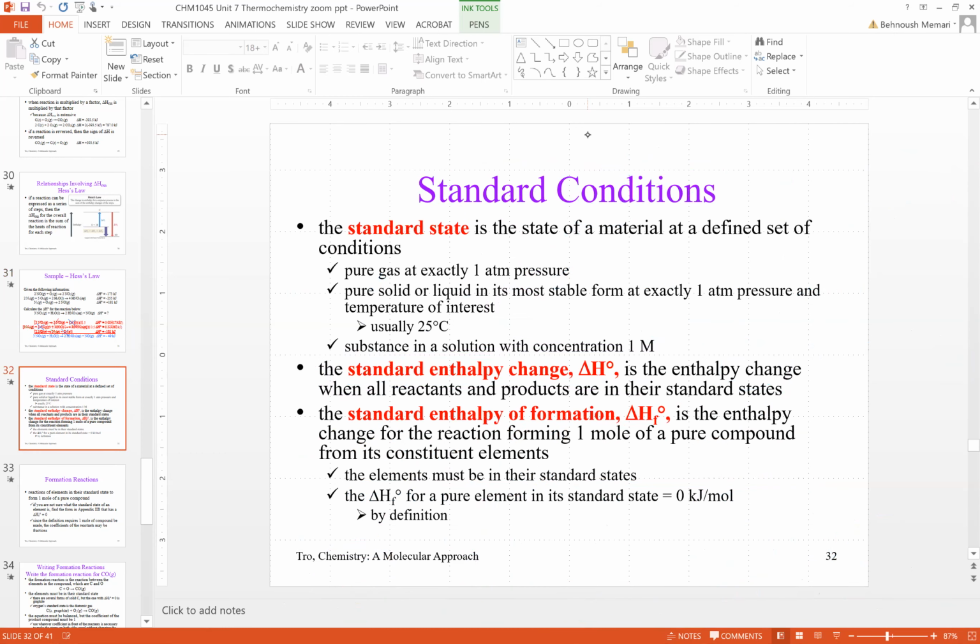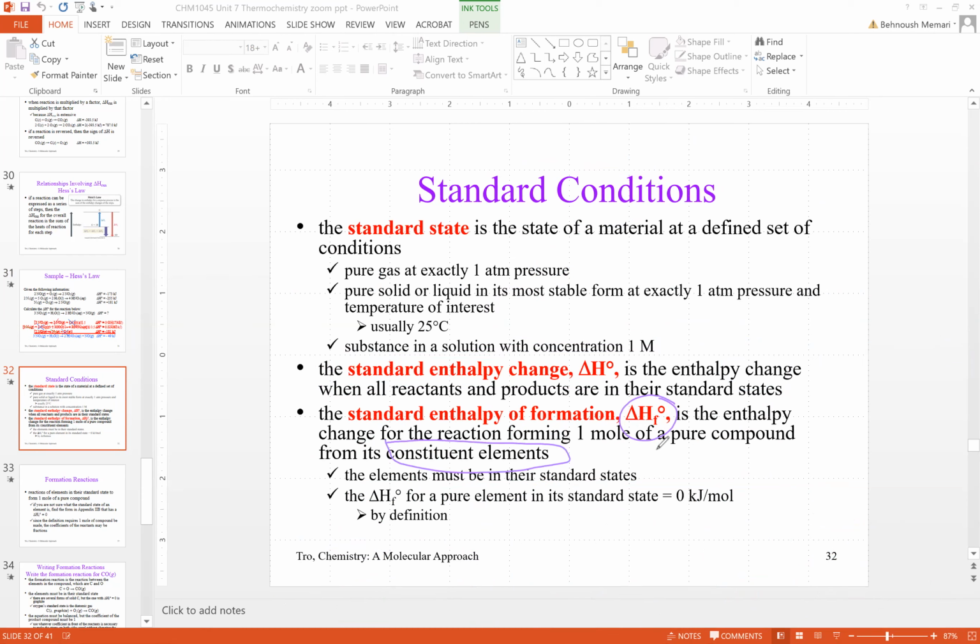Another way to find the delta H of a reaction is to use the delta H formation. What is delta H formation? It is the amount of heat that is released when one mole of a compound is made from its elements.